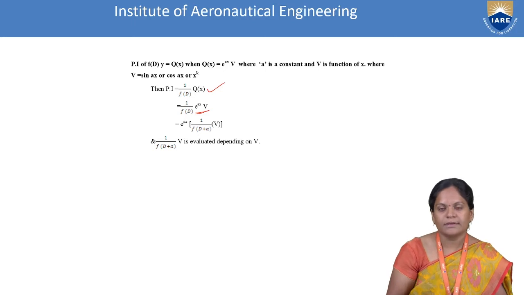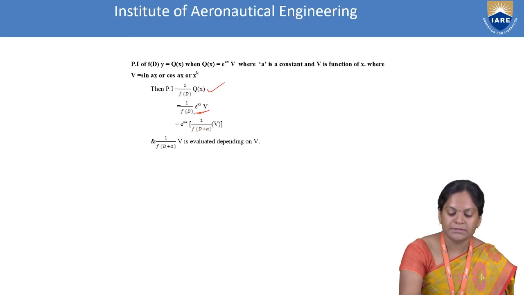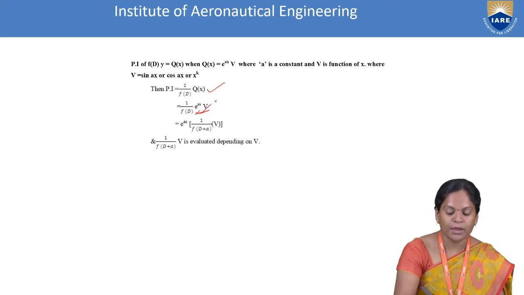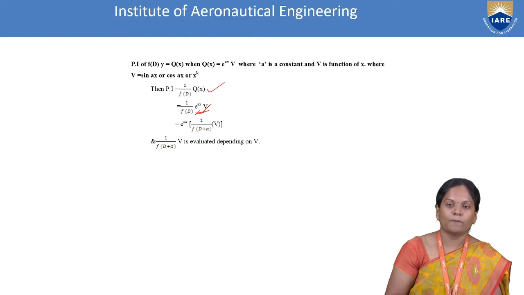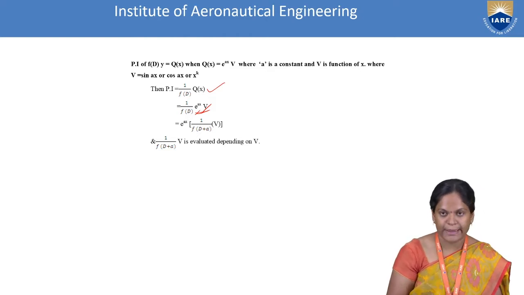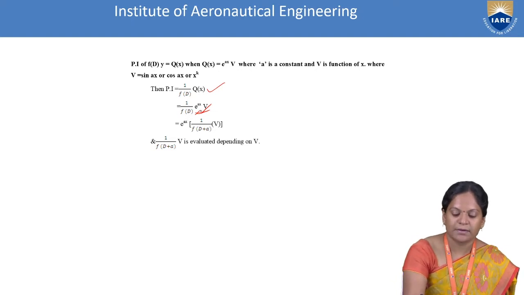Now in this case we have a combination of two functions. E power ax is a function, V is also a function. So what is the case and how can we find it? It is a very simple method. When we have a combination of exponential into anything, just simply remember, first take x quotient, here a.